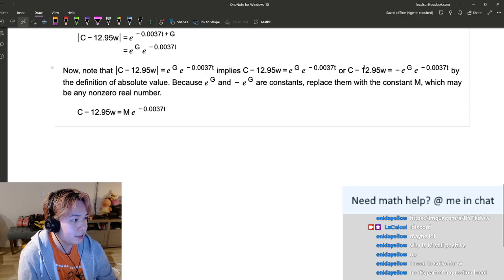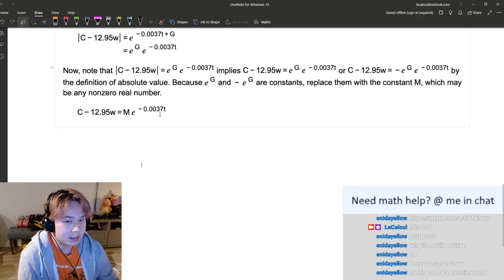So you get 2 different equations, and then let's see, e to the power g, well, these are constants, same with negative e to the power g. Then you can just replace them with m, and then m includes the negative in it, if that's the case. It doesn't really matter. There's no difference between m and negative m.